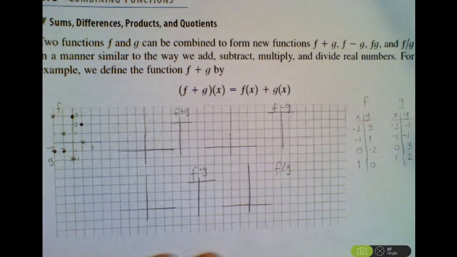Okay, so let's start talking about the way we're going to combine functions. Combining functions is very useful because we're able to generate new functions based on the previous ones that are given.